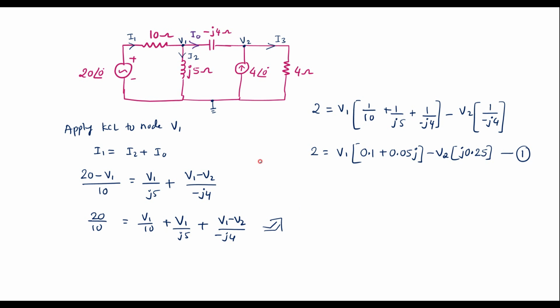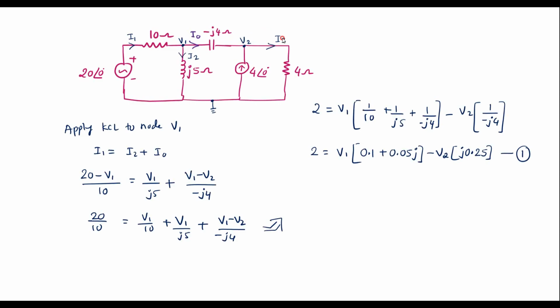So now similarly apply KCL to node V2. So here we can see I0 plus 4 is equal to I3. I0 is entering node V2, 4 amp current is also entering node V2, and I3 is leaving.